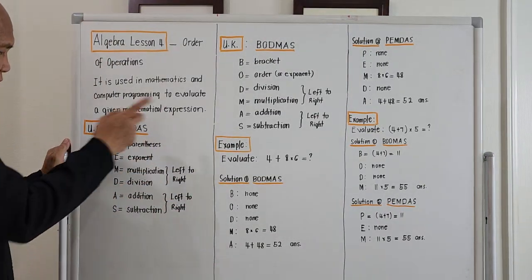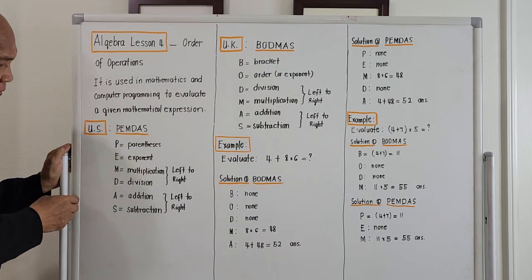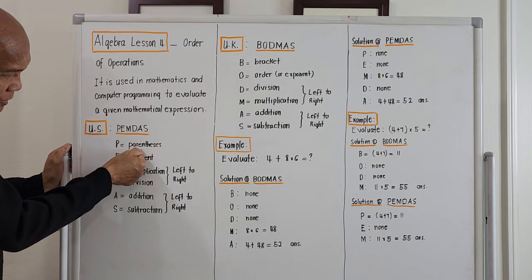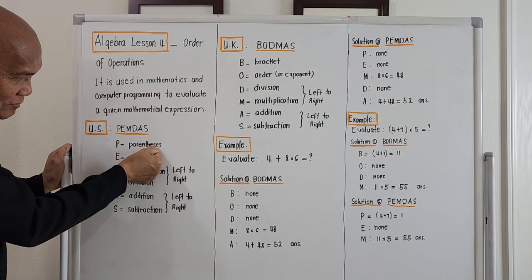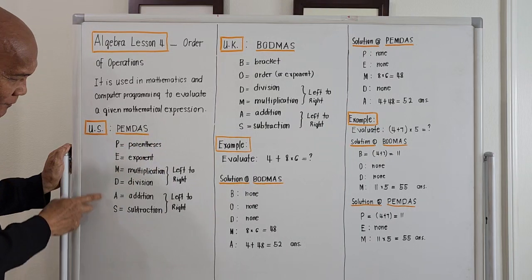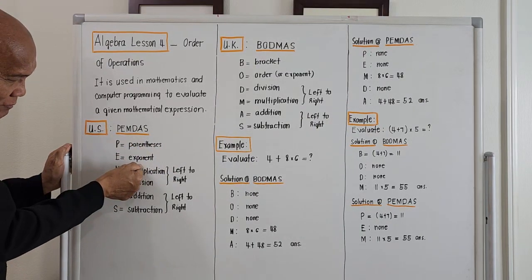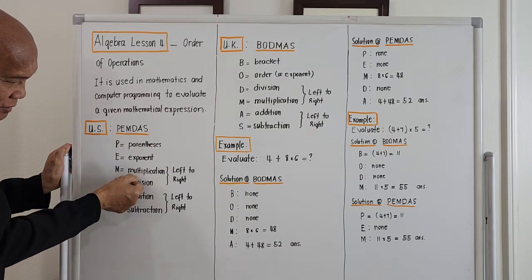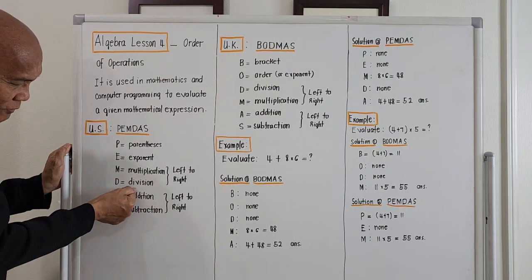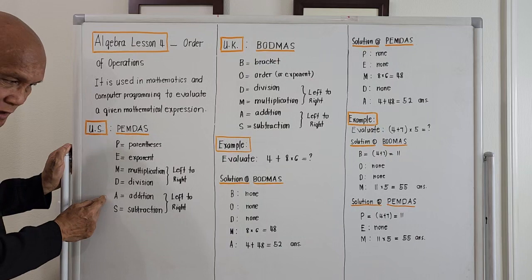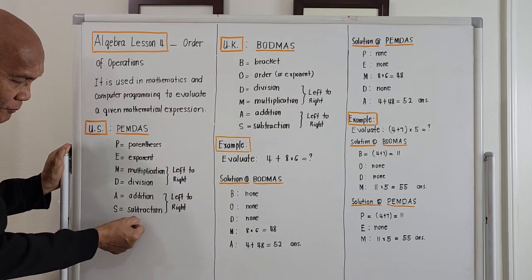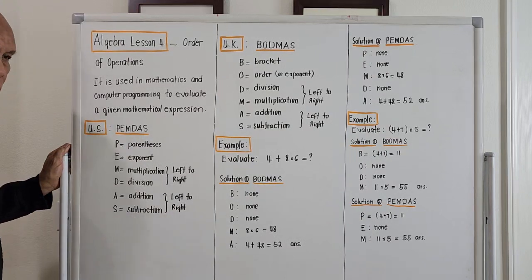PEMDAS is an acronym. P represents parenthesis. This is an A, so this is not plural. If this were I, that would be plural. E represents exponent, M represents multiplication, D represents division, A represents addition, and S represents subtraction.